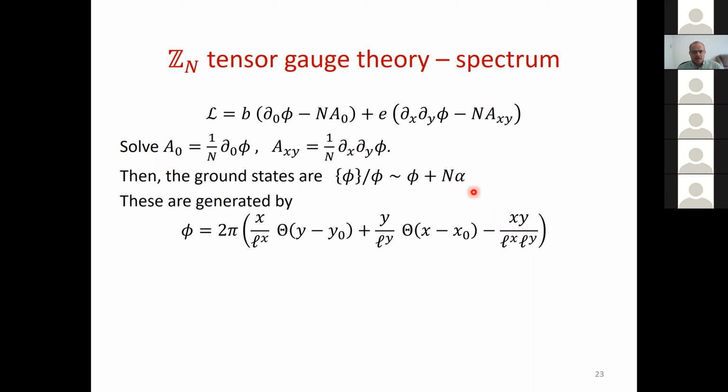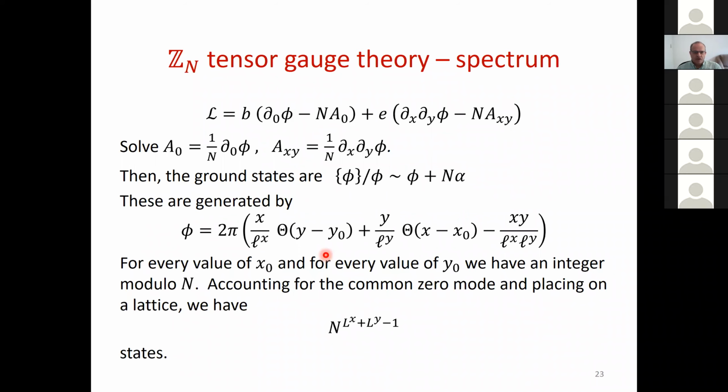So this space of fields is generated by precisely the function that we know and love, the function that appeared in this talk already several times in different incarnations. For every value of x0 and for every value of y0, we can put an integer modulo n, because if the integer is n, we can absorb it by our gauge transformation.